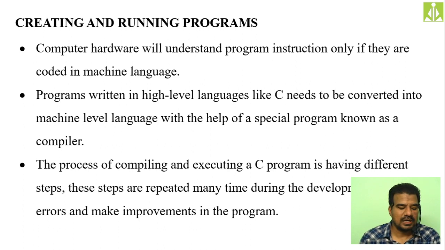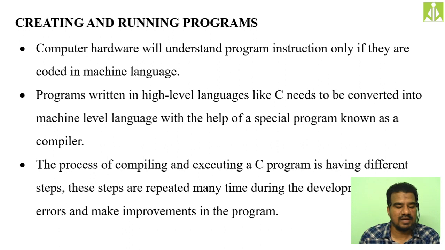As we discussed many times, your computer hardware will understand instructions only if they are coded in machine language. Programs written in a high level language, like C or Java or Pascal or Fortran, are different types of high level languages.